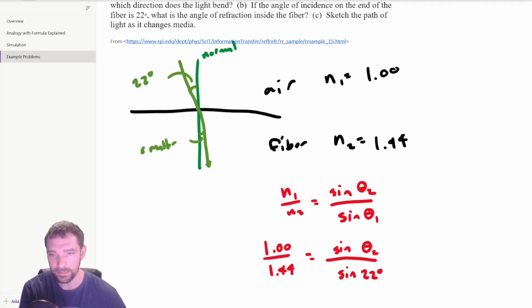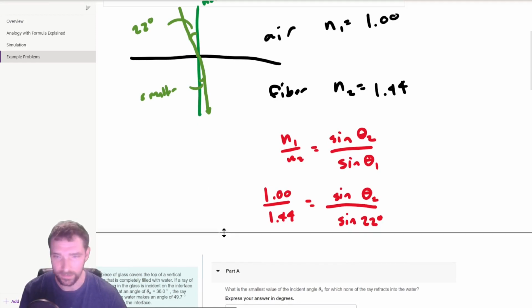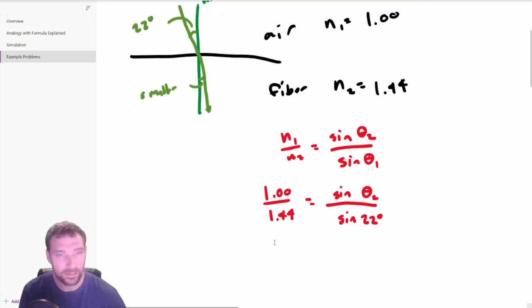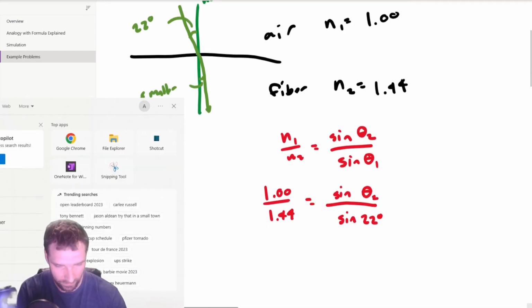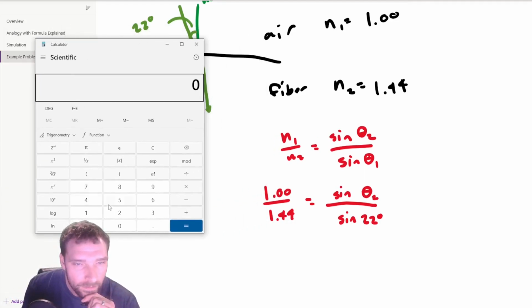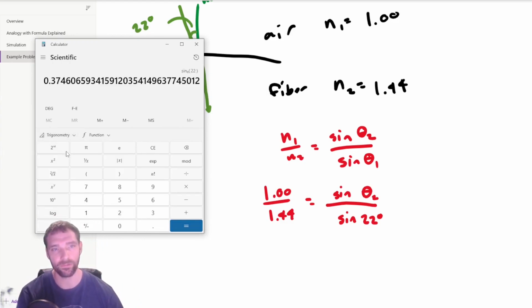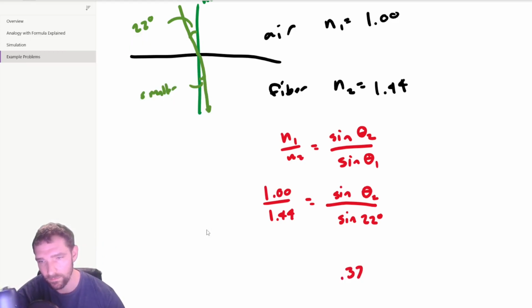So if we take this information, we can then substitute. What I would do for this is substitute in for that sine 22. So if we get our calculator here, and we take 22 degrees and we sine that, we get 0.3746. That should be a good enough estimate for us to work with.